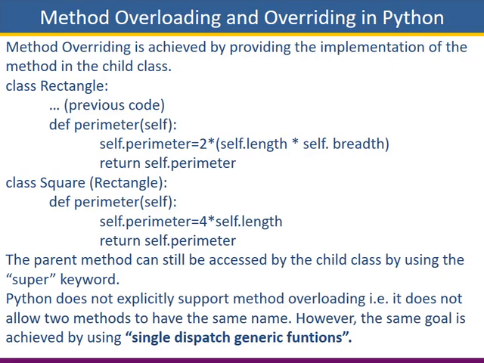Python does not explicitly support method overloading. That is, it does not allow two methods to have the same name. That is for the Python programming language. However, the same goal is achieved by using a single dispatch generic function.